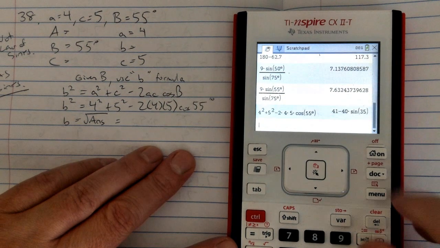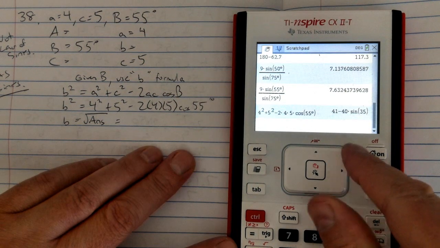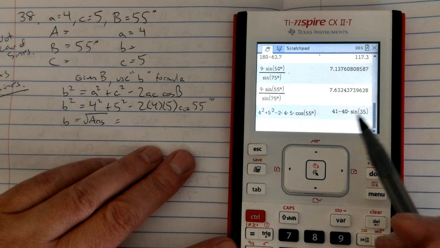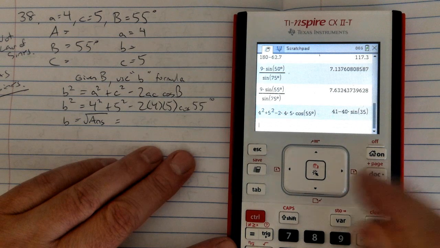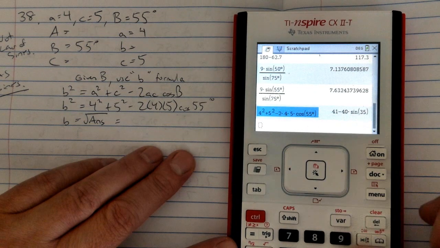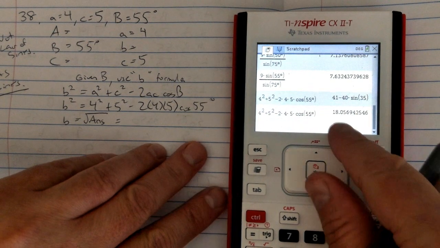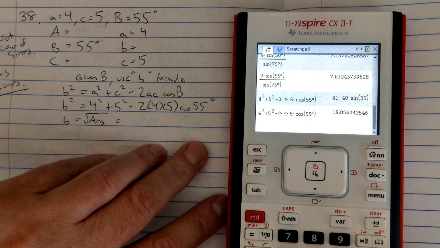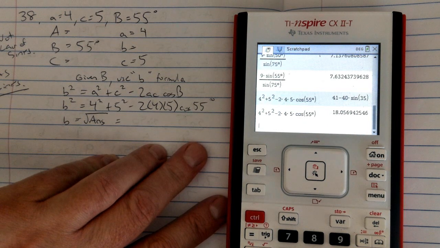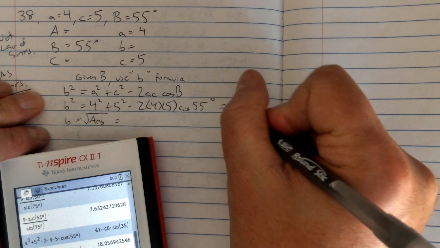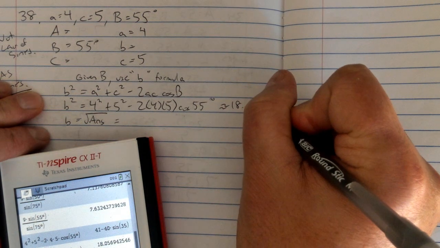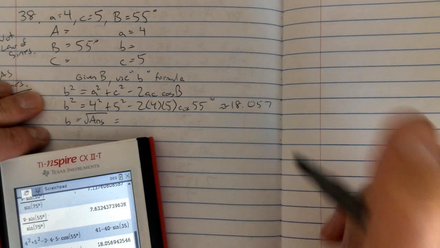Okay, so here's what we get. Whoops. When I used my teacher calculator and I didn't hit Control Enter, it converted it to sine, but that's okay. That's what you get. So 18.057.